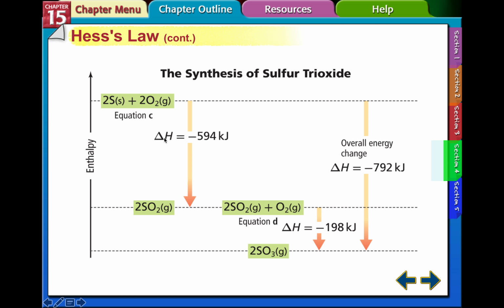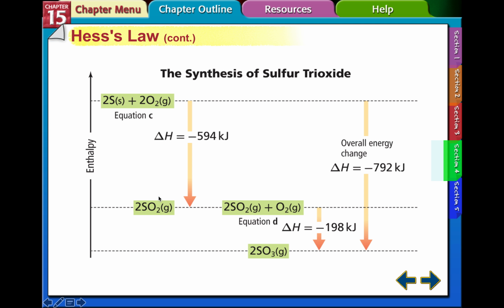So, we have our starting reaction of sulfur and oxygen. Sulfur and oxygen combine together to make sulfur dioxide, and it releases into the surroundings around negative 594 kilojoules. Now, we have that sulfur dioxide.